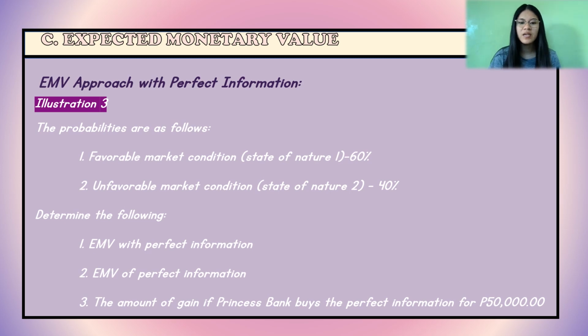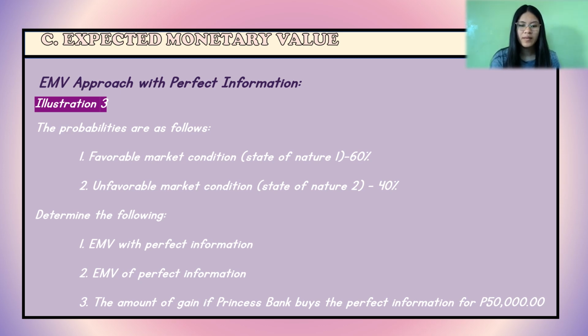Expected monetary value approach with perfect information. So this is illustration 3. The probabilities are as follows. Number 1, favorable market condition, state of nature 1, is equal to 60%. And number 2 is unfavorable market condition, state of nature 2, is equal to 40%. So determine the following.